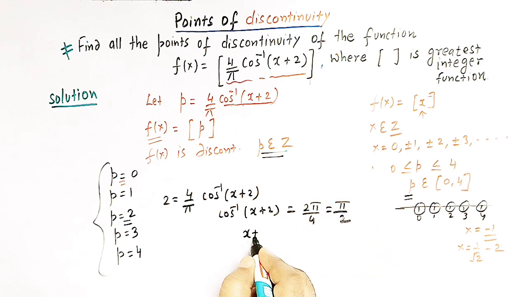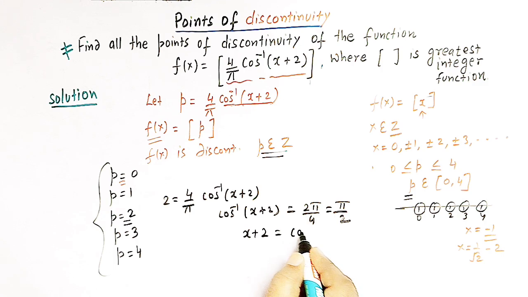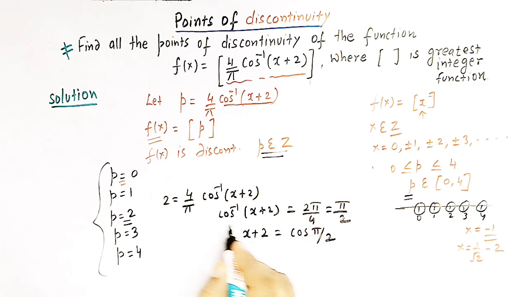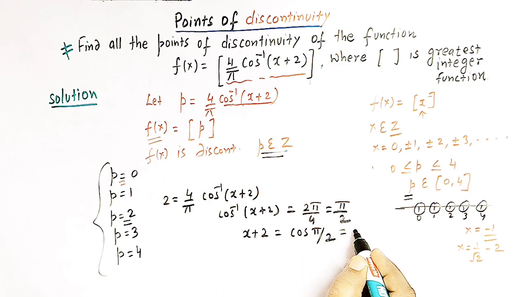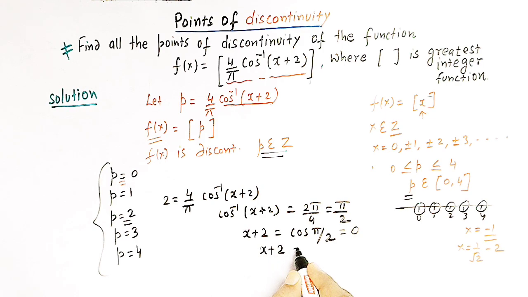So we have x plus 2 is equal to cos of pi by 2, because we have cos inverse (x plus 2) is equal to pi by 2. So x plus 2 is equal to cos pi by 2, and cos 90 is equal to 0. So we have x plus 2 is equal to 0. So x is equal to 0 minus 2, that is minus 2. So the third point is x is equal to minus 2.